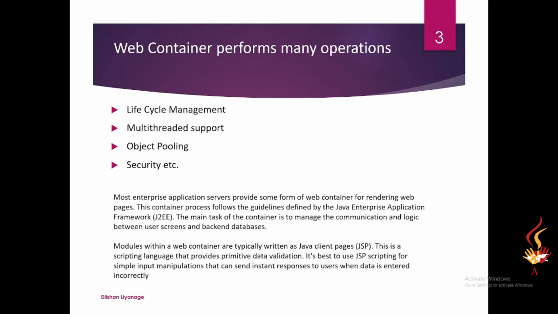Most enterprise application servers provide some kind of web container for returning web pages. This container process follows the guidelines defined by the Java Enterprise framework. The main task of the container is to manage communication and logic between the user screen and backend databases.